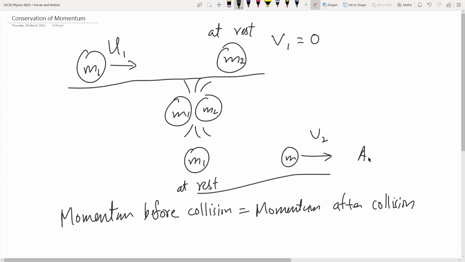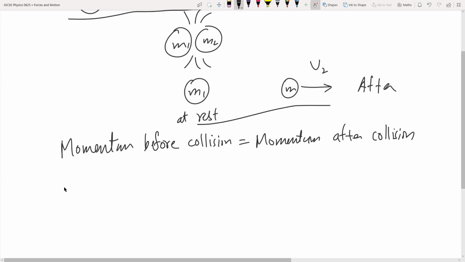We can say P1 plus P2, let's call these initial states, the momentum before, P1I plus P2I, should be equal to P1F, which is the final state after the collision, plus P2F.